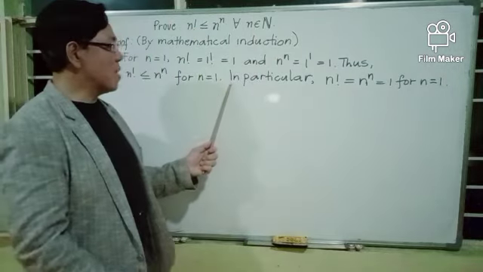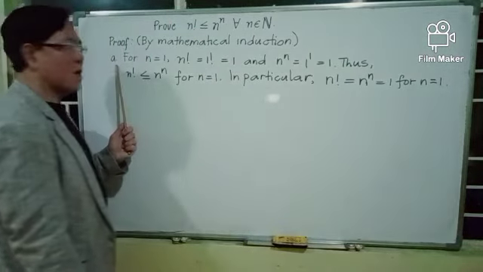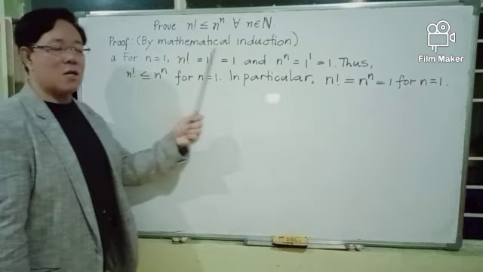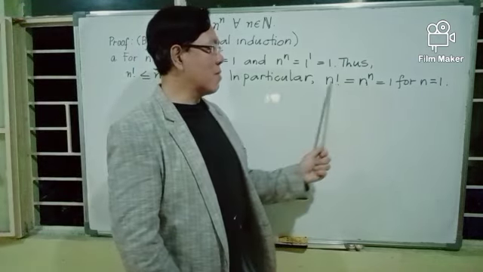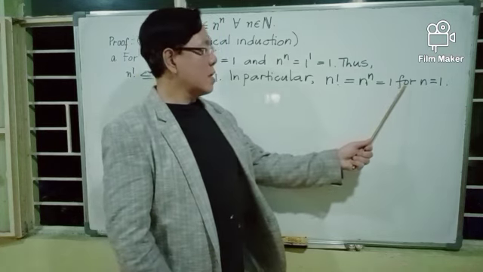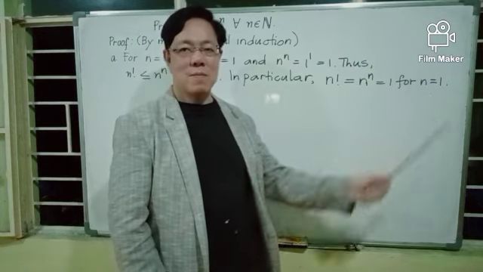In particular, we have shown in the first part of the proof by mathematical induction that n factorial equals n to the power n and both are equal to 1 for n equals 1.